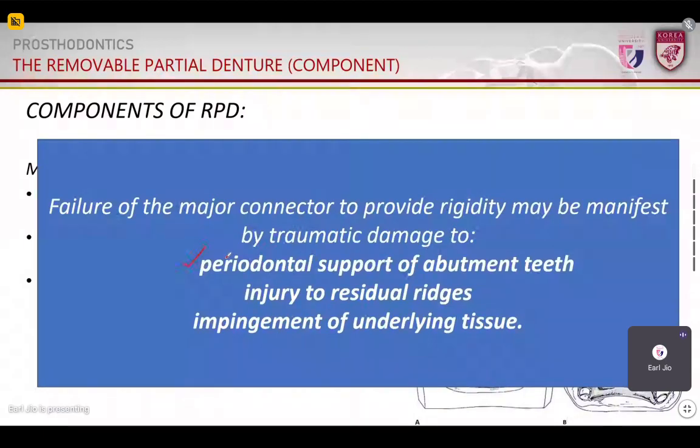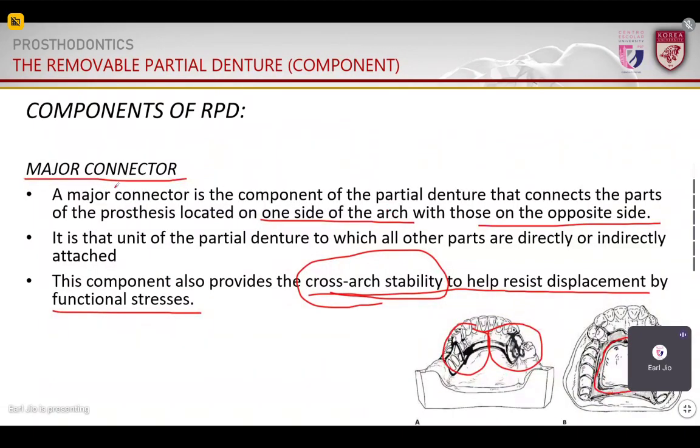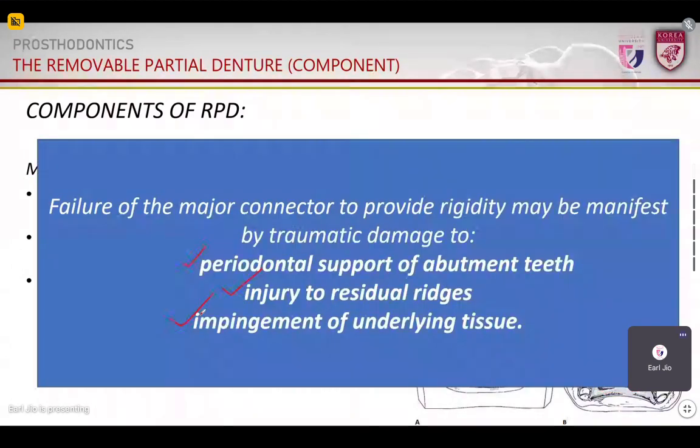One is periodontal support of the abutment teeth, damage or injury to the residual ridge, and impingement of the underlying tissue. So dapat pala, since ang major connector is its focus is cross-arch stability, and resist displacement by functional stress, the major connector should be rigid.